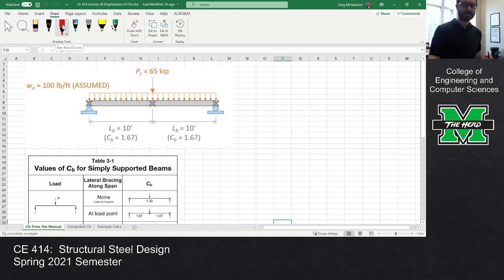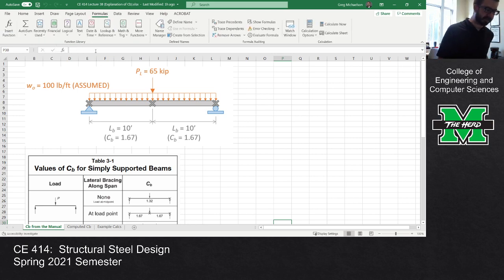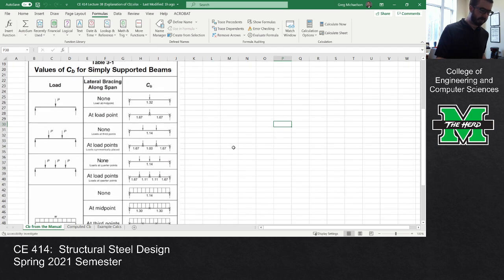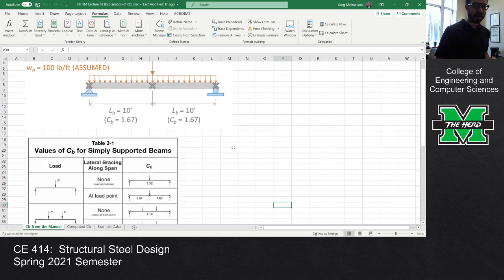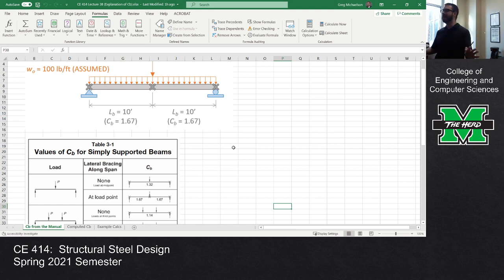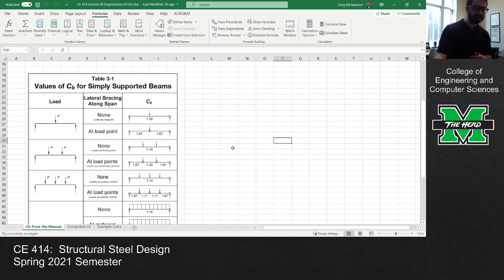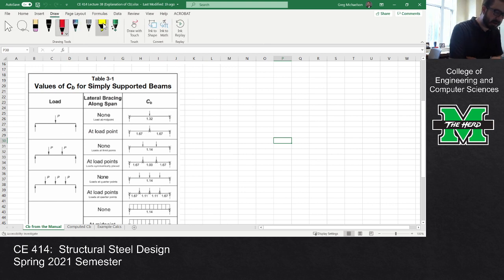Now, here's the thing about the CB values. If you scroll down here, there isn't a case like that. They're either just concentrated loads or they're just distributed loads. This has both. Now I'm just saying it's 1.67. Why am I doing that? Well, I'm making a choice, and I'm choosing to consider only the concentrated load.